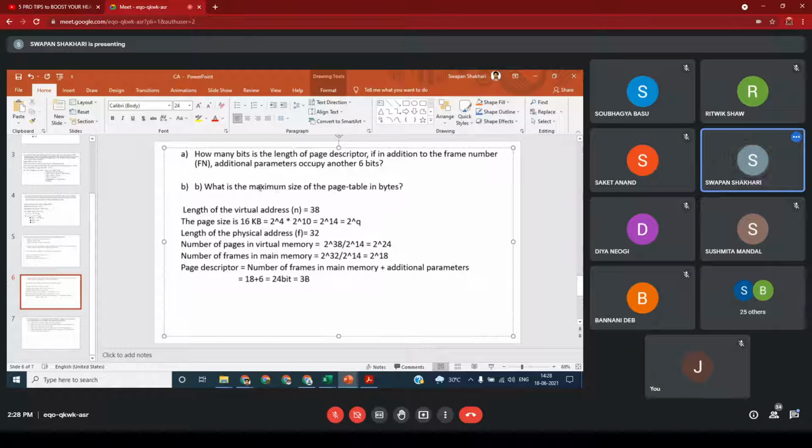Okay. A particular memory location from the main memory. So how will we calculate the maximum size of the page table? Simply 3 byte multiplied by which one? How many? Rohit, reply. Anyone reply?